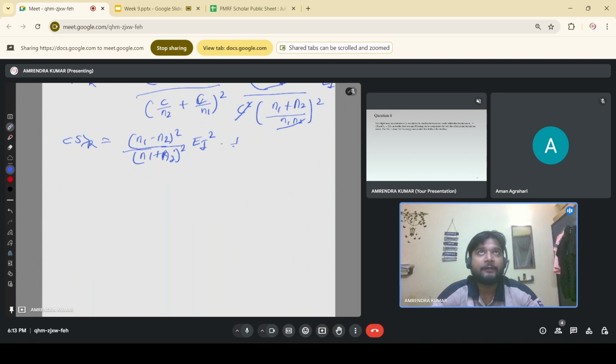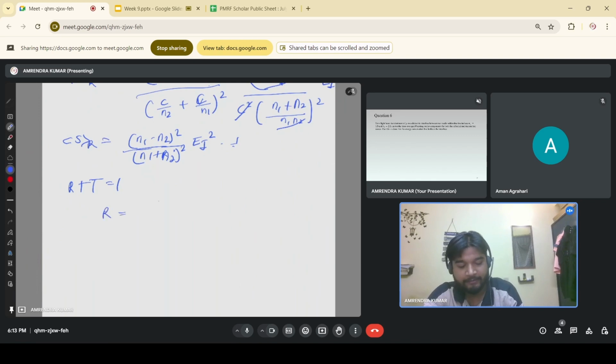We have to somehow show that reflectance and transmittance sum to 1, that means R plus T is equal to 1. For that, we don't need this. We know that reflectance is ((V2 minus V1) over (V2 plus V1)) whole squared, and the transmittance is 4, and this is one.